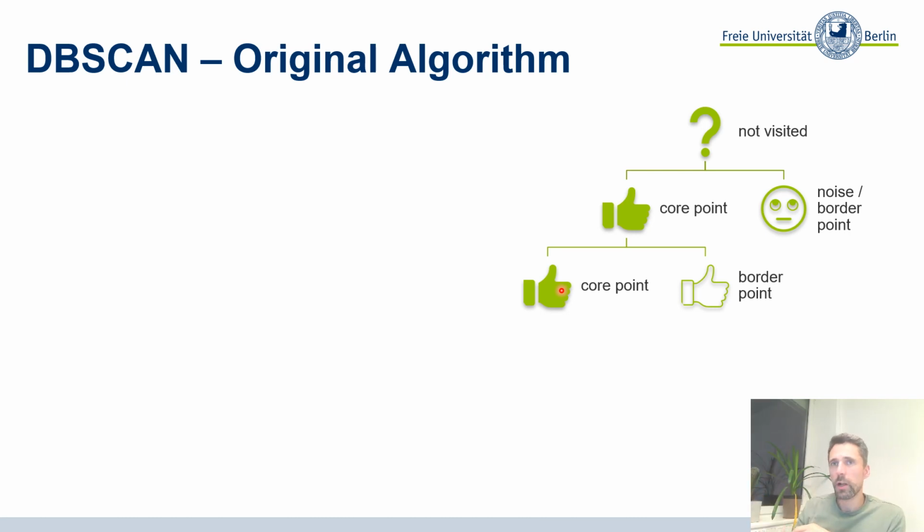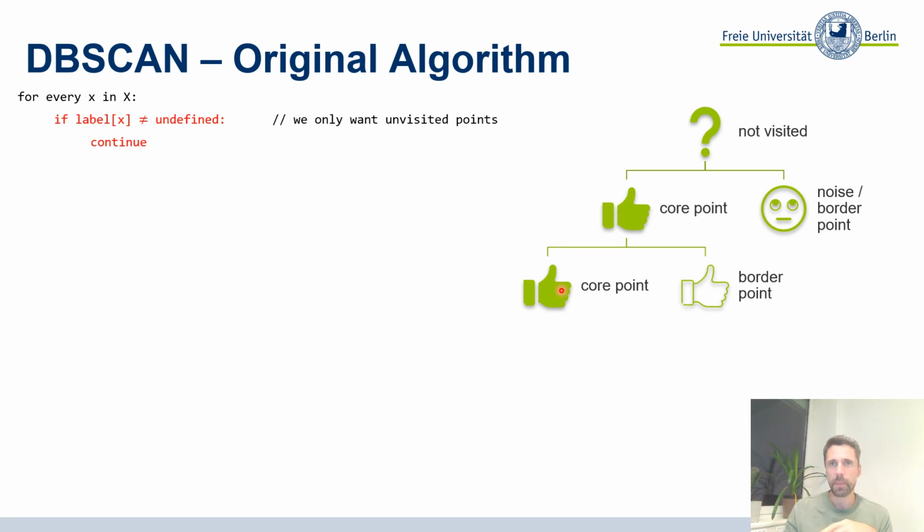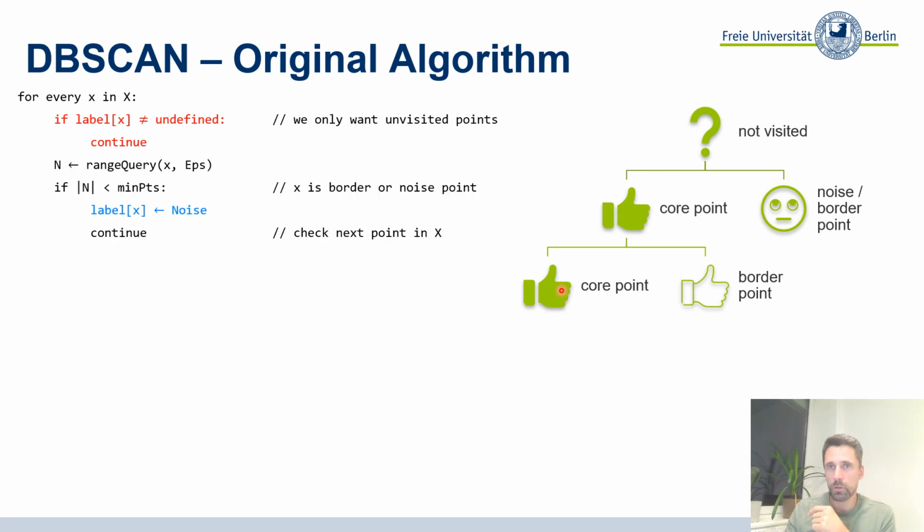And the algorithm in a step-by-step fashion is like this. So in pseudocode, for every sample x in our dataset, capital X, look if they have been visited. So if the label of x is something, then get a new x. Otherwise, we continue here. Continue means we will continue the loop.